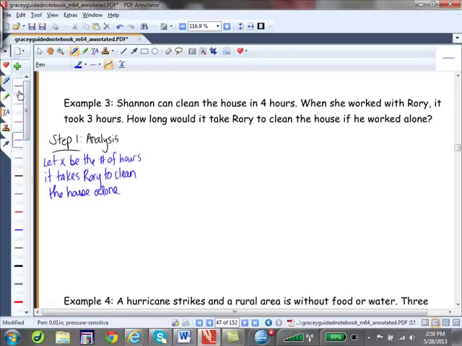So basically, when we go into translate, this is what we'll have.